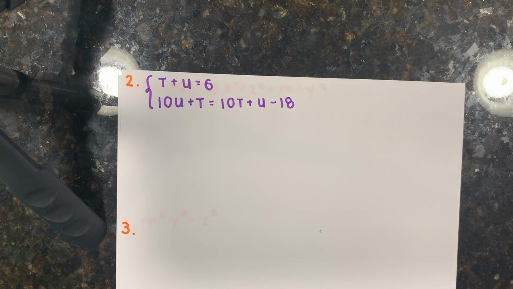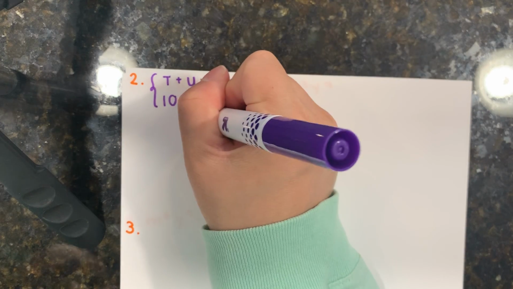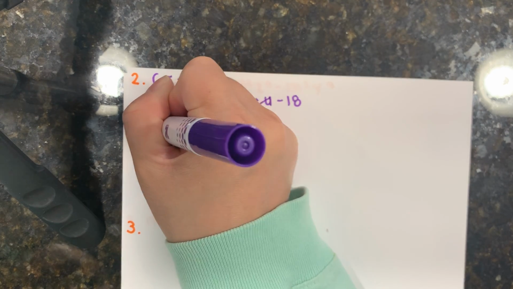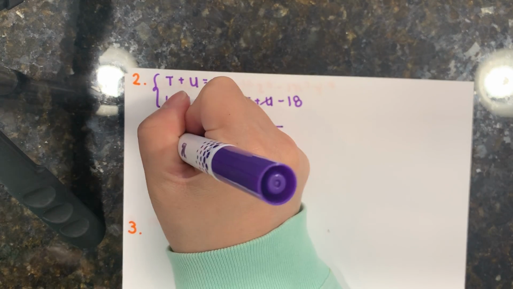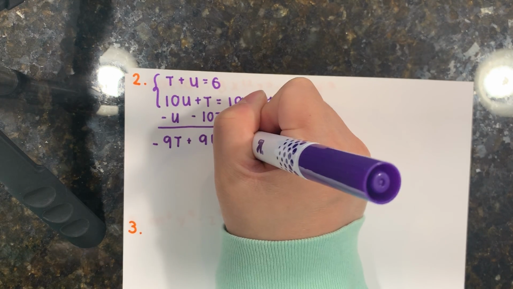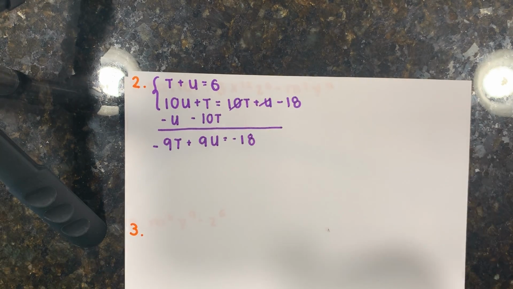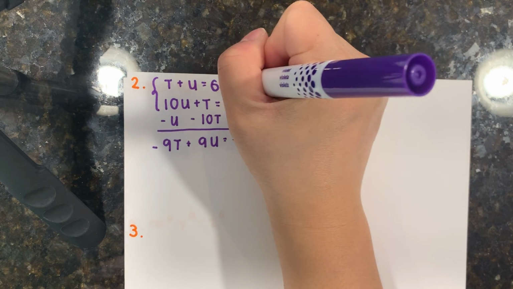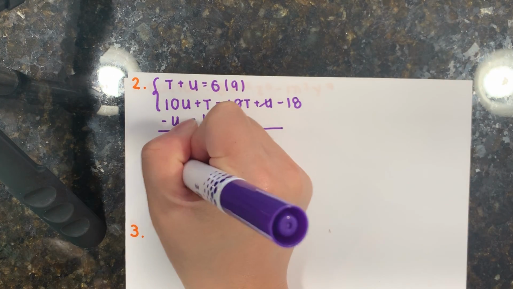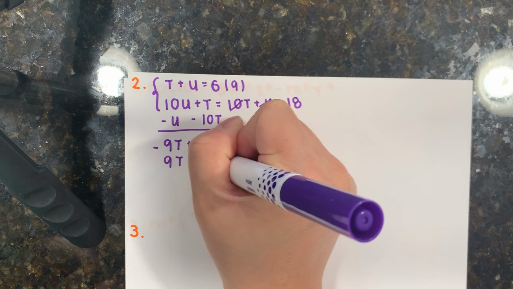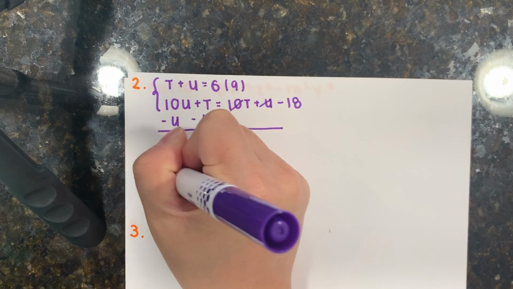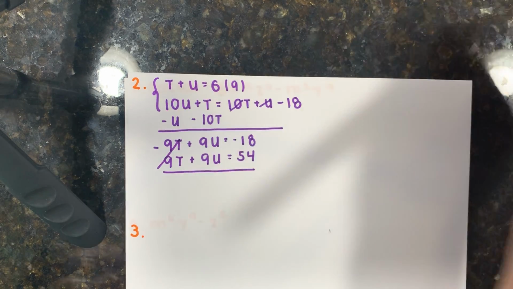So now what I'm going to do is move the 10t to the left, move the u to the left, and that would give me negative 9t plus 9u equals negative 18. If I wanted to do elimination, I could just multiply this top equation by 9, and that would give me positive 9t plus 9u is equal to 54. And my t's are going to cancel.